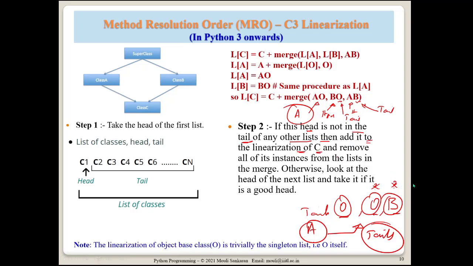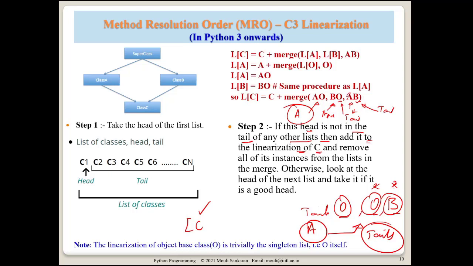If it is not in the tail, then you have to add it to the linearization list. Already, the first element selected is C. Now I am looking at whether I can add A to the list or not. I went through all the tails of the lists and did not find A in any of them.